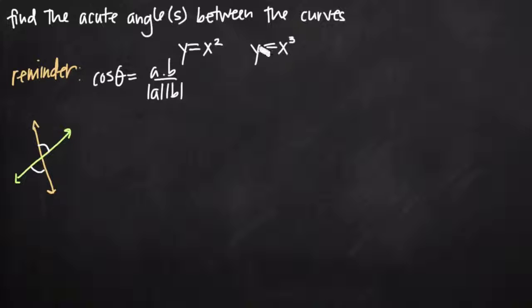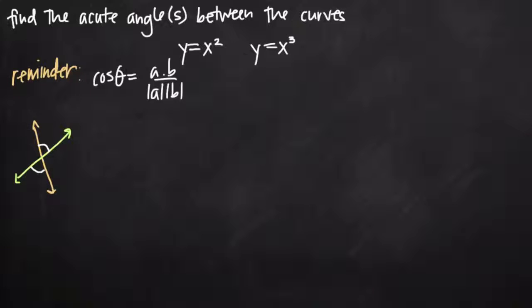The first thing we need to do is find the points of intersection of these two curves. We need to figure out where they intersect one another. Then we need to find tangent lines to these curves at any points of intersection. Then we've really simplified it to finding the angle between lines because we'll have equations of the tangent lines and we can just find vector representations for those lines and then the angle between those vectors.